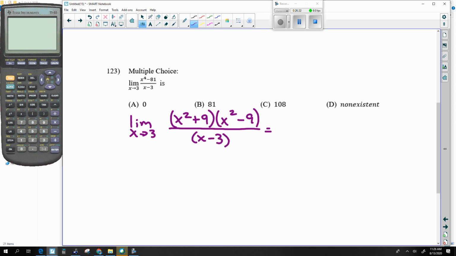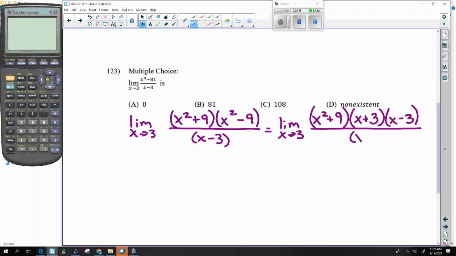I can't break apart the sum, so that means this x squared plus 9 has to stay x squared plus 9. However, the x squared minus 9 is a plus 3 minus 3. All right, there's the cancellation that I was looking for. Now it's legal for me to be putting in the 3.